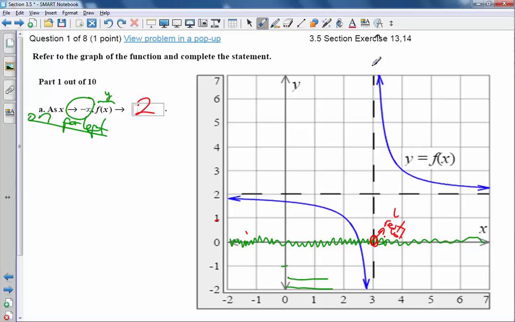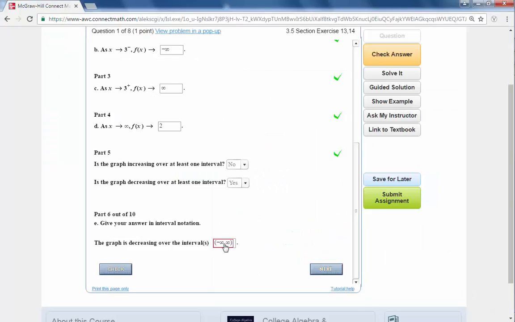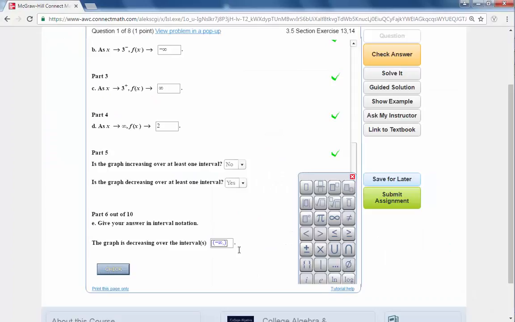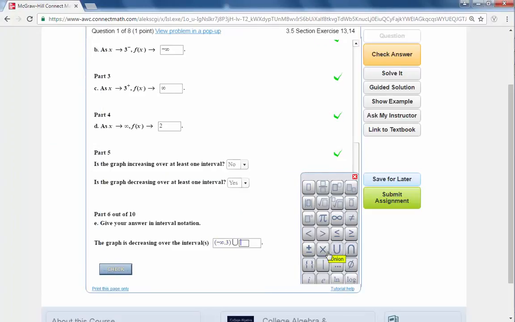Your function gets closer to it, but it never touches it. It must be taken apart from your domain. If it's not in your domain, your function can't be decreasing there. So you need to take it away. So it's 3, right? Unite everything before 3 and after 3.